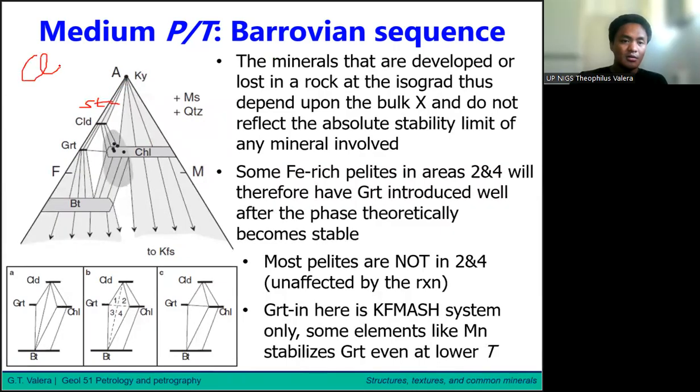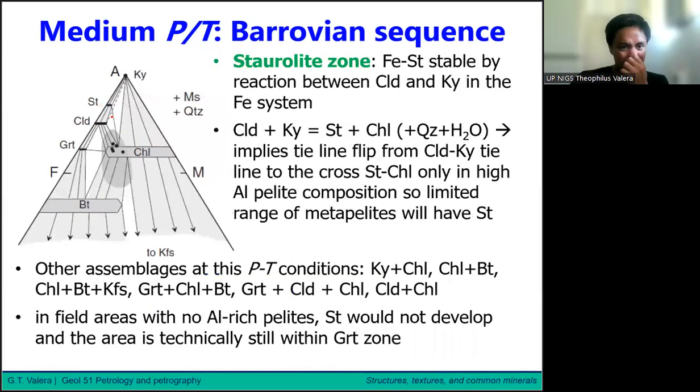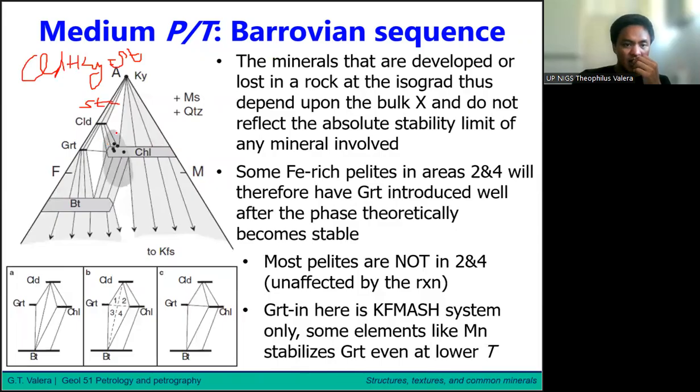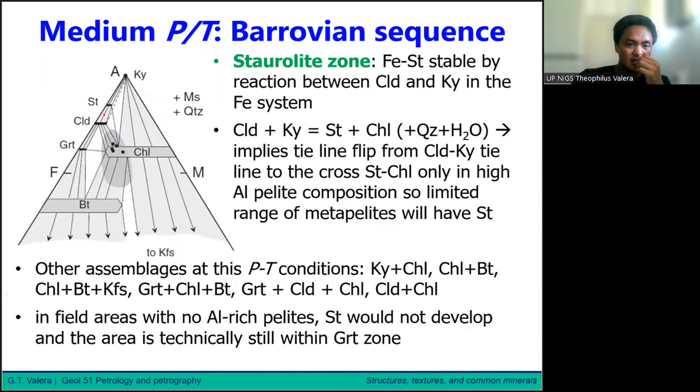So, chloritoid plus kyanite equals staurolite, right? So once that happens, as you can see, most rocks which may have had kyanite suddenly can lose it. For example, this strip here will have staurolite and chloritoid, thus mawawala yung kyanite nila. Right?